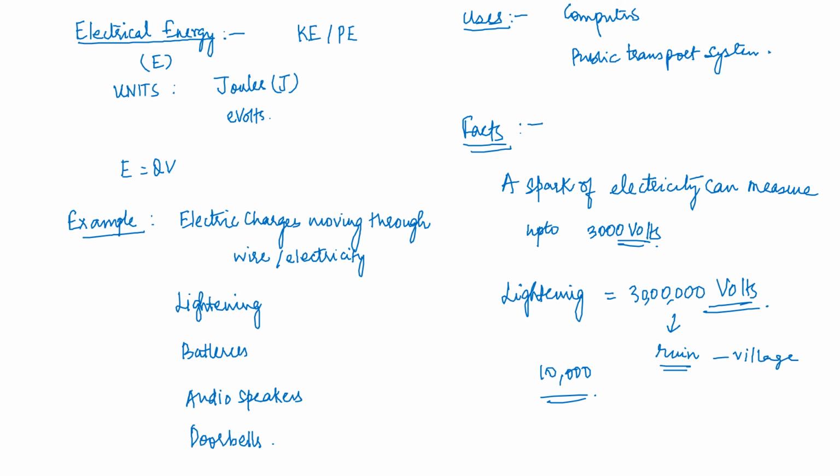It can smash it down. So lightning is that dangerous. It is not that lightning gives you 30 lakhs of volt over a second; it will ruin everything within a single second. That is how dangerous it is.